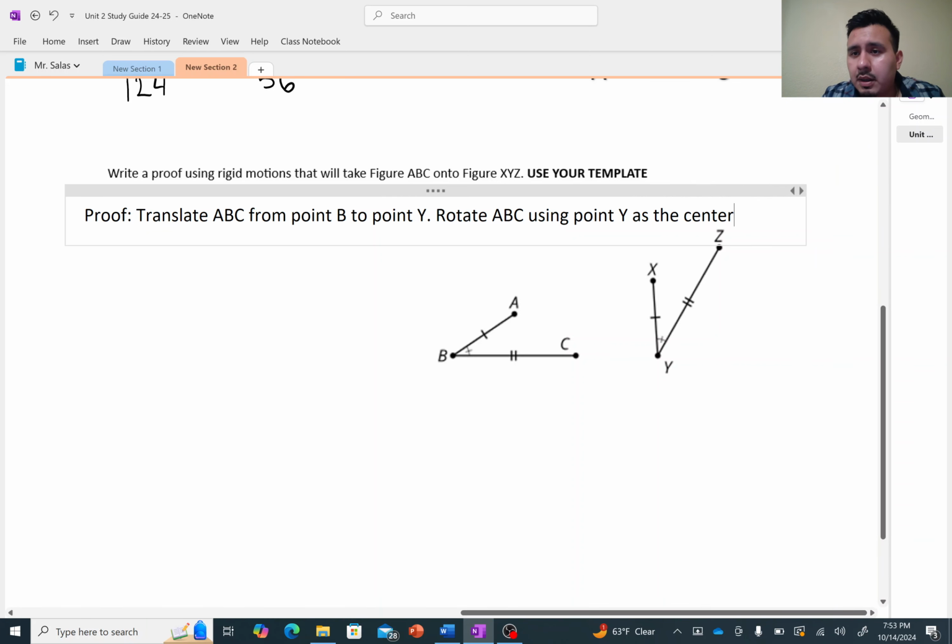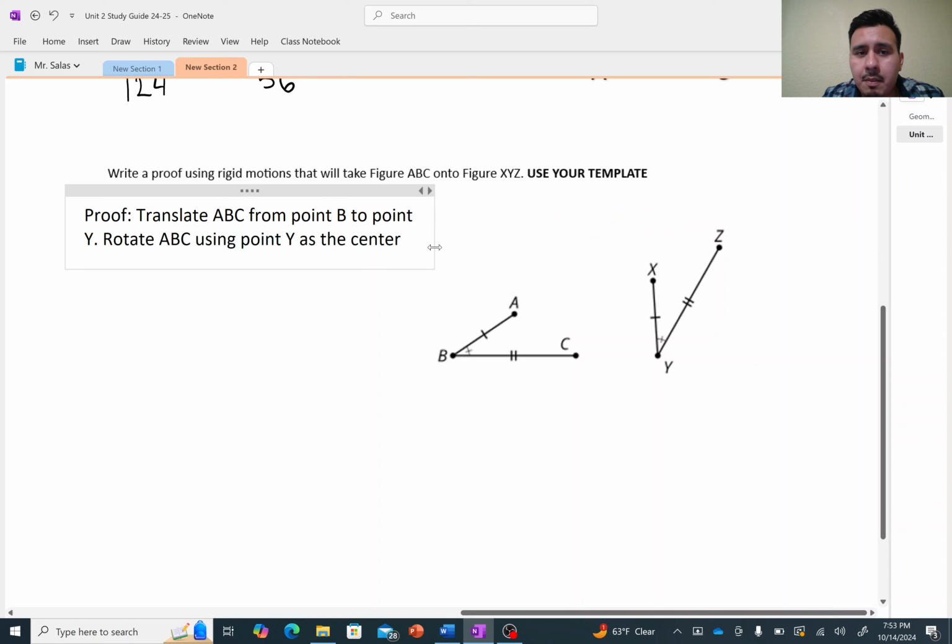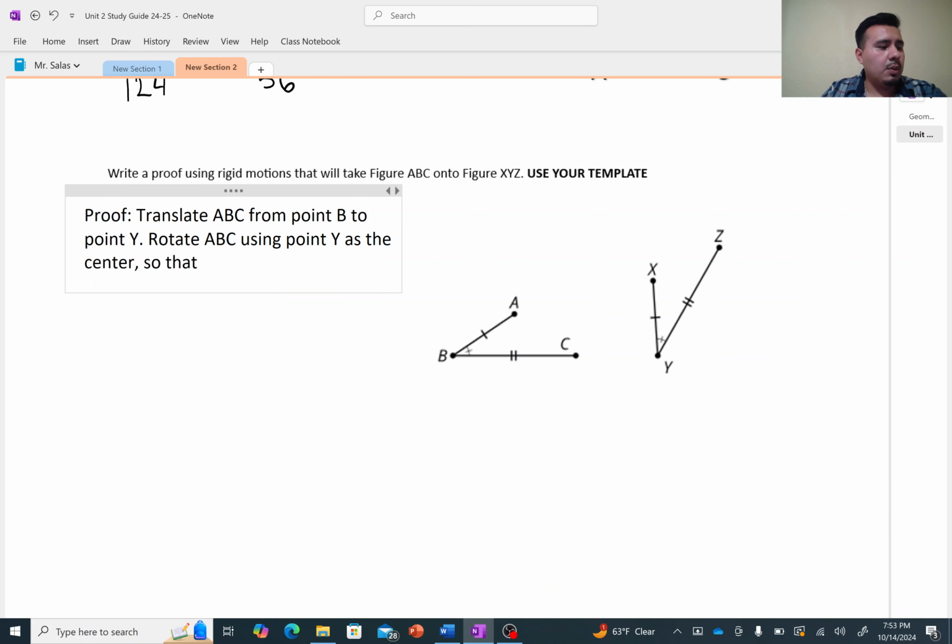Let me fix my text box so that it doesn't get in the way. Rotate ABC using point Y as the center, so that, what are we going to get to coincide?